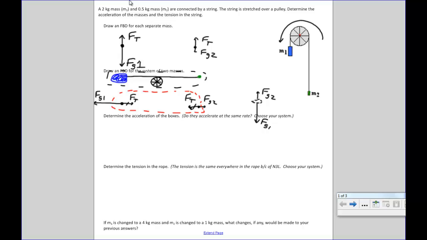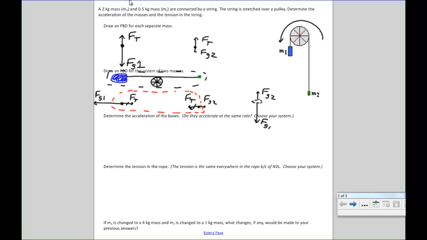Yes, ma'am? But didn't you say that mass 1 was going to accelerate down? If the force of gravity on mass 1 is greater, doesn't that mean the whole thing is going down?